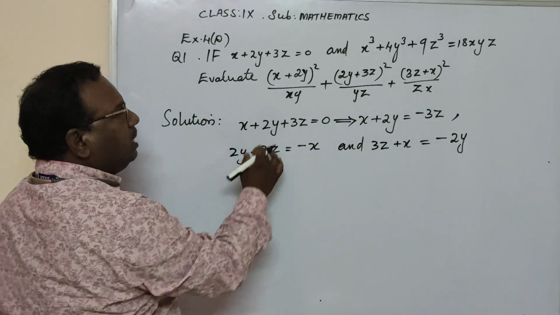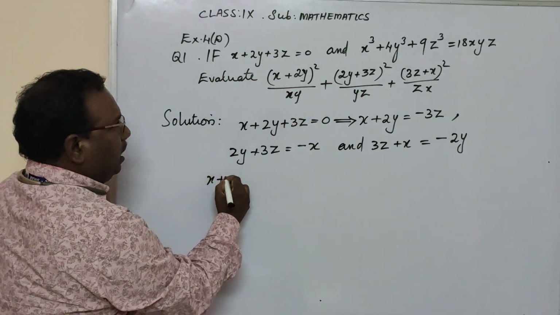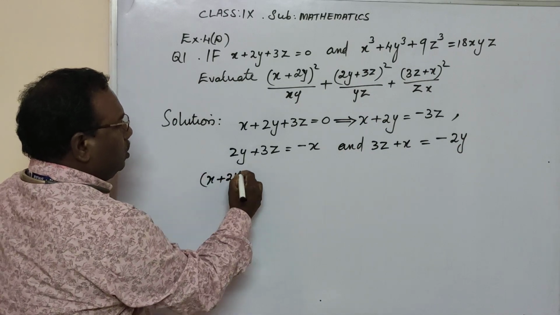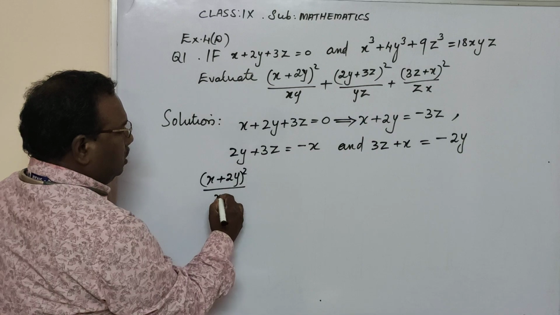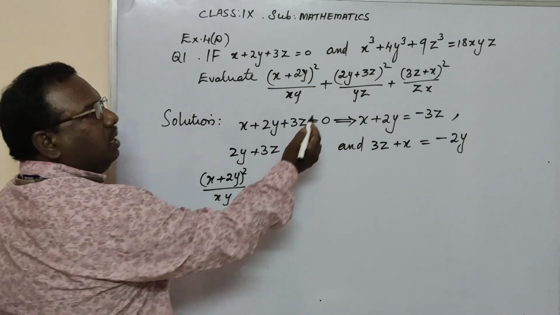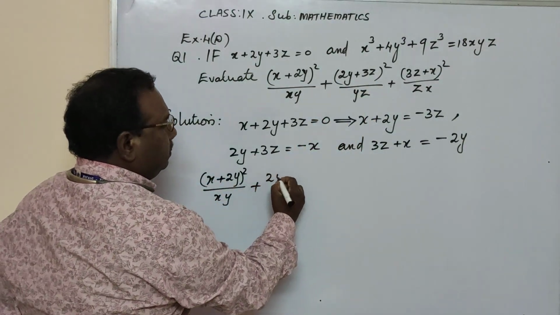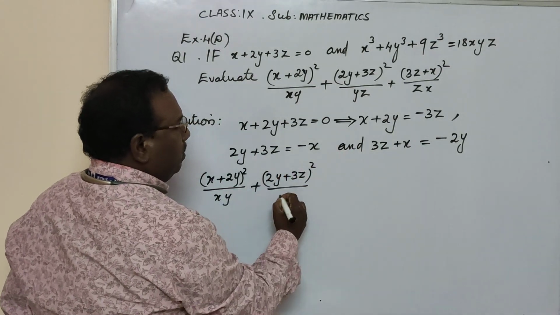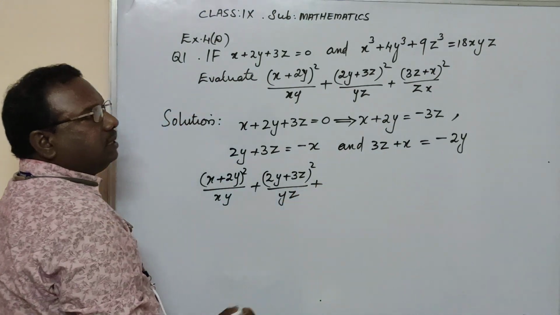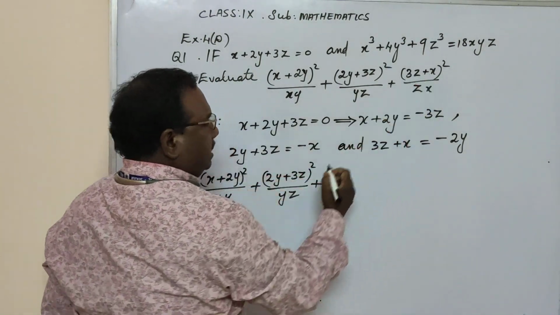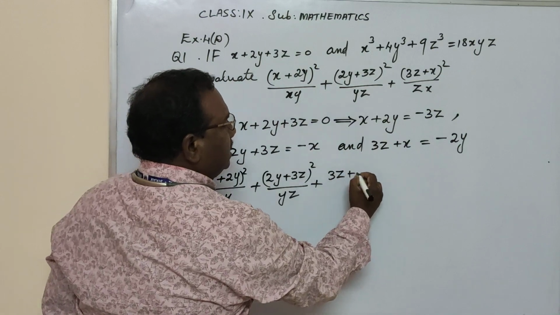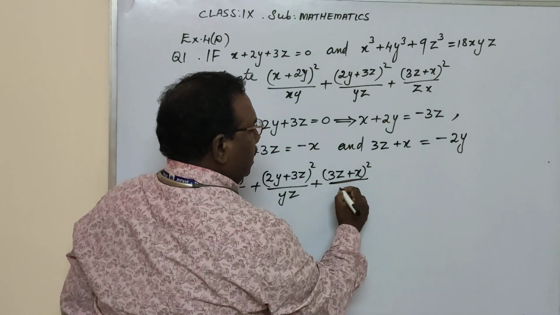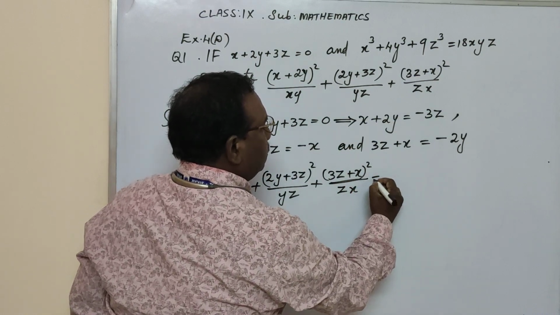So we will write it again: (x plus 2y) all square by xy plus (2y plus 3z) all square by yz plus next term (3z plus x) all square upon zx is equal to.